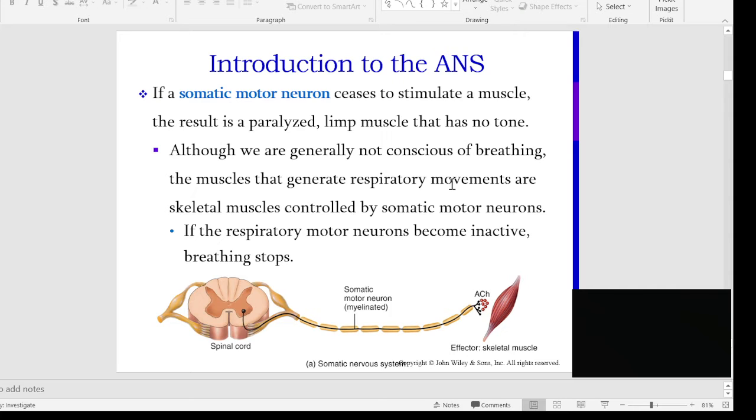For example, if you're under stress or duress, you cannot control the perspiration that collects on your nose, under your neck, or in your armpit.